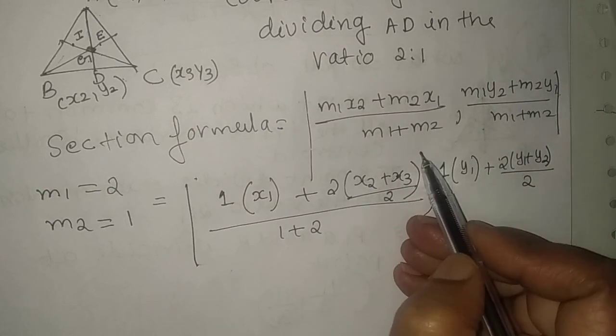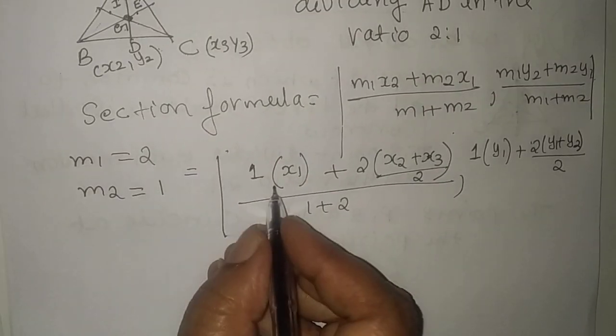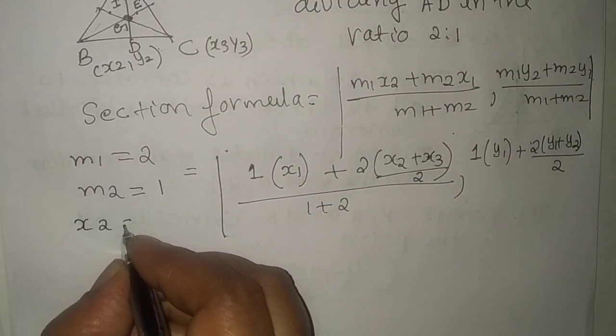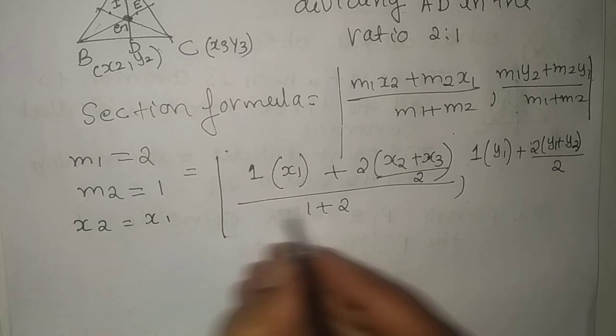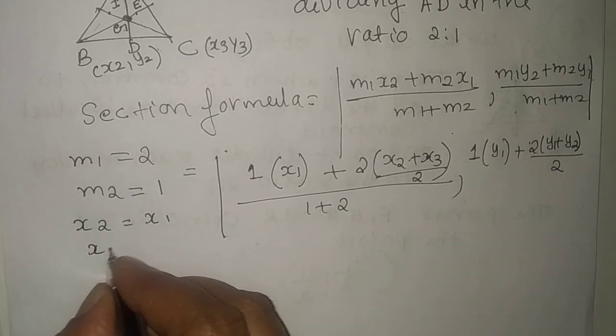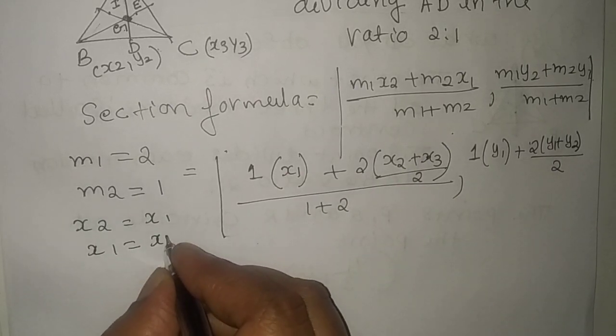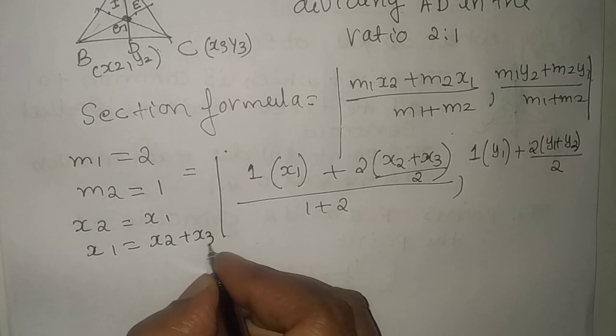So here this is C, here x2 will be x1, then this x1 will be x2 plus x3.